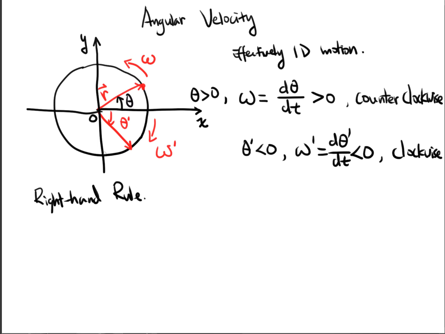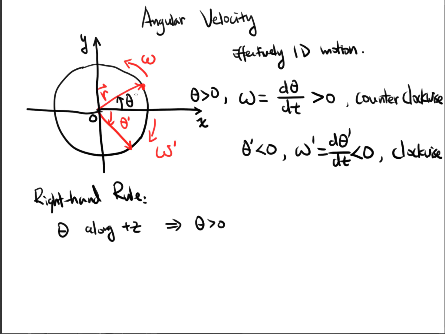So your fingers are curled along this theta direction. Now the thumb is pointing toward the audience, so it's going out of the screen. So that direction is the z direction. So according to the right-hand rule, theta is along the positive z direction, which is why it is positive.